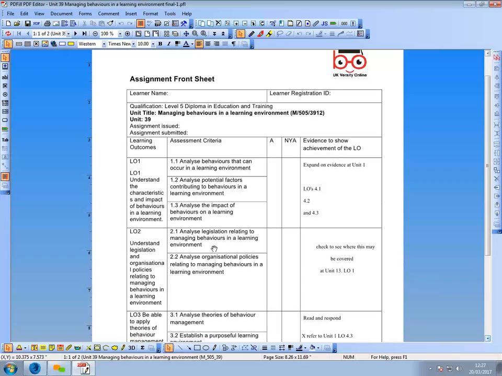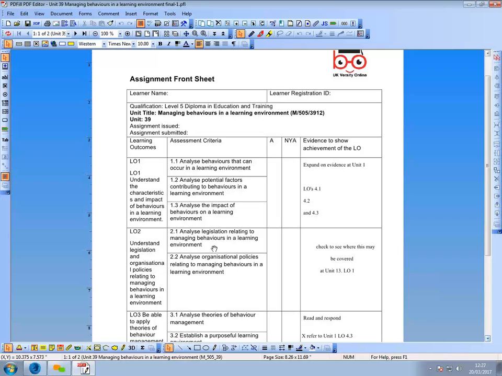What I suggest here, when you're doing your analysis, the actual learning objective title is Understand Legislation and Organisational Policies Related to Managing Behaviours in the Learning Environment. There are two things to look at here.